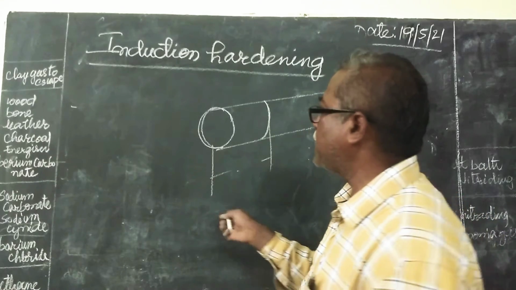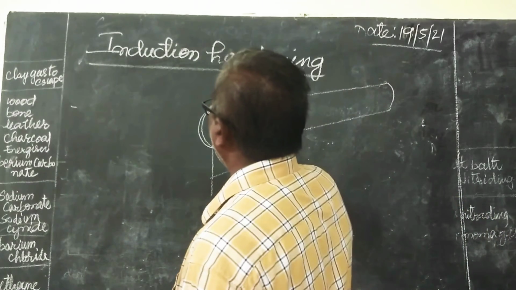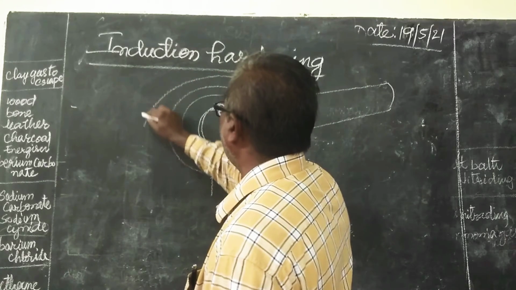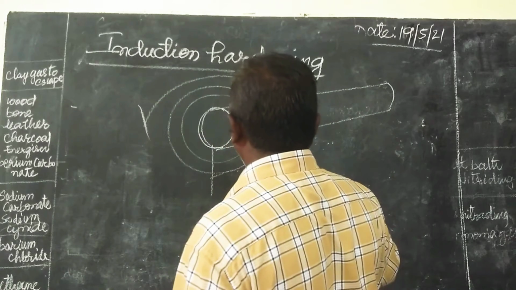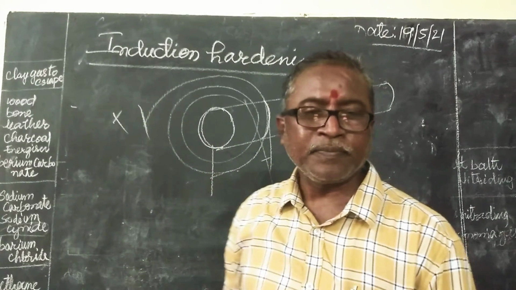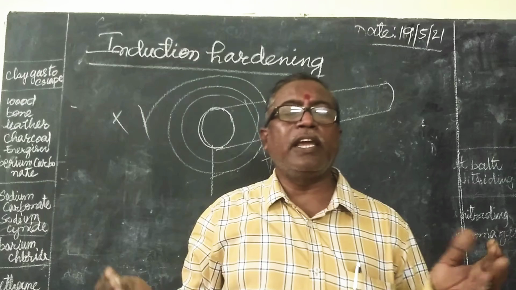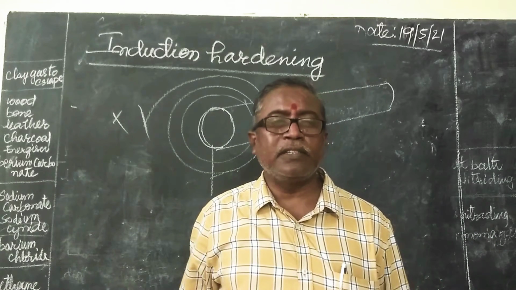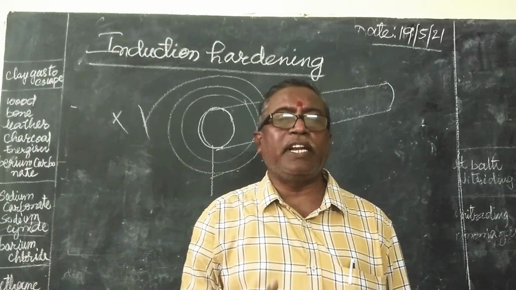For induction hardening, the coil is kept over the shaft like this. This coil, like this, one is plus and another one is minus. In that coil, the electrical supply is given, then the job is rotating like that.